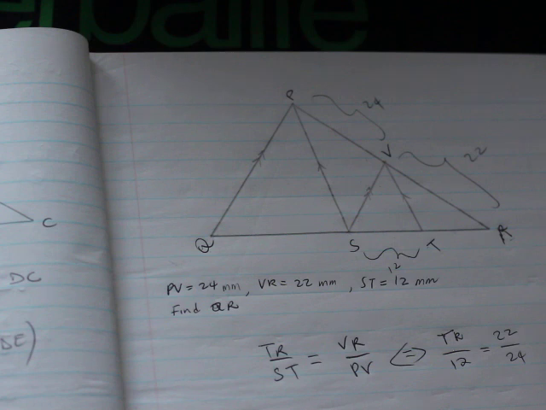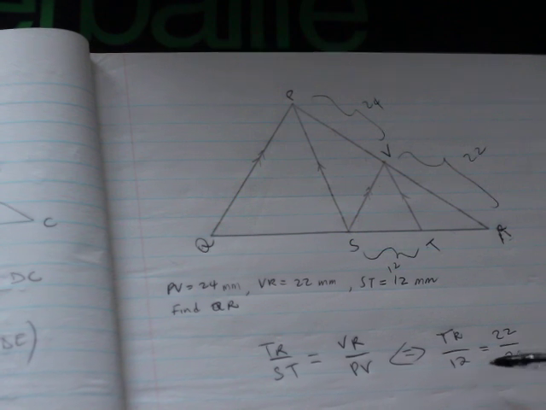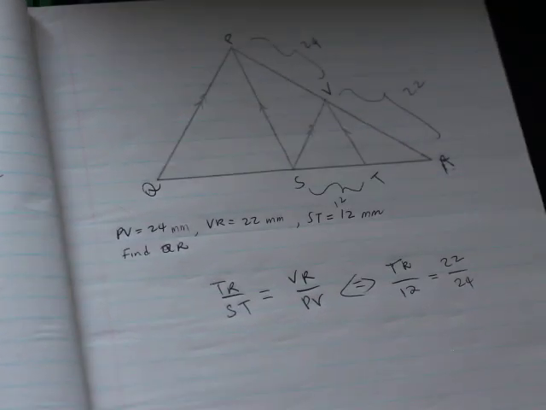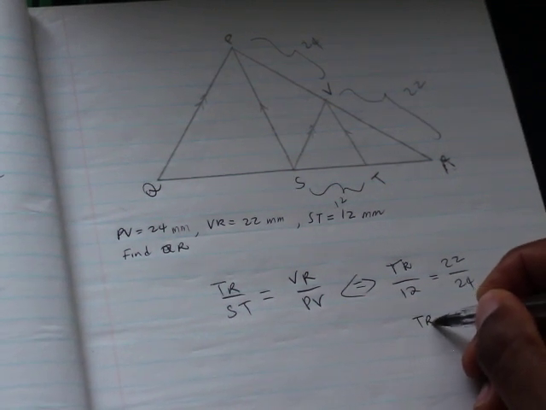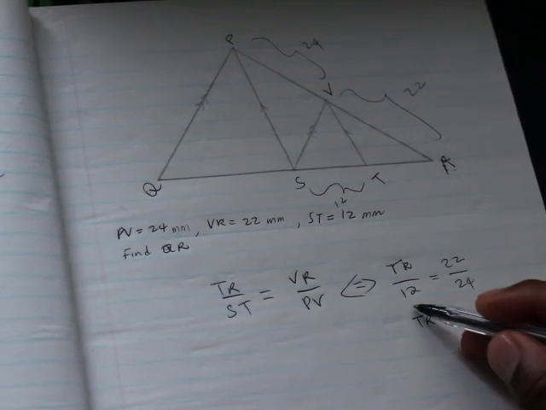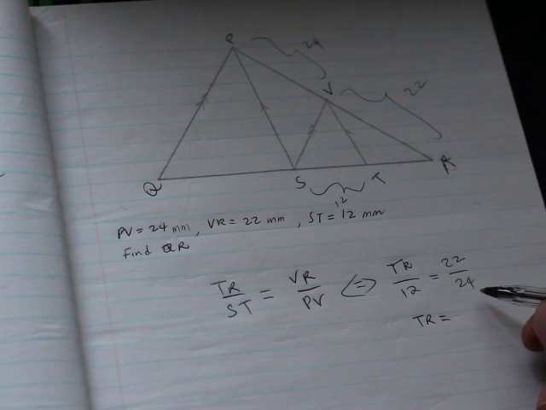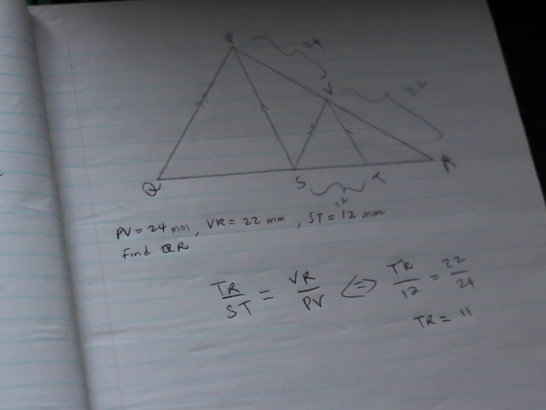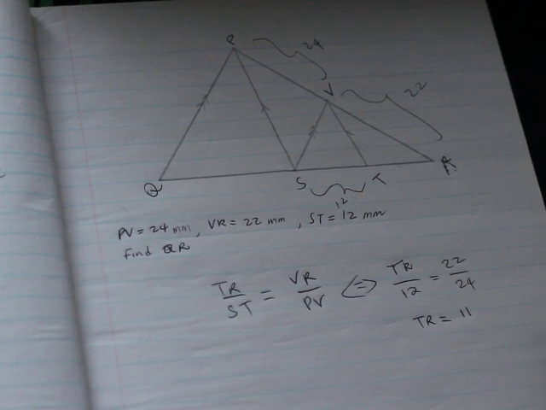Okay, so multiply both sides of the equation by 12. TR is going to be equal to 22 divided by 2, which is just 11. Okay, you can confirm with your calculator. Hopefully we get the same answer. So now let's check, you guys.